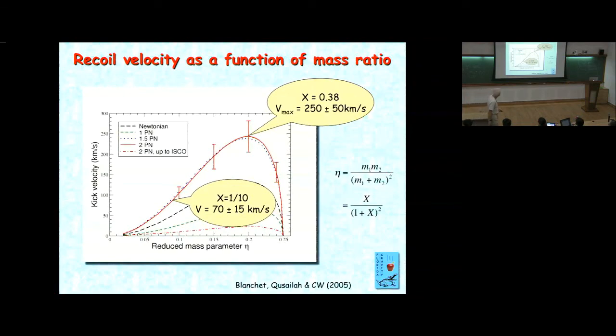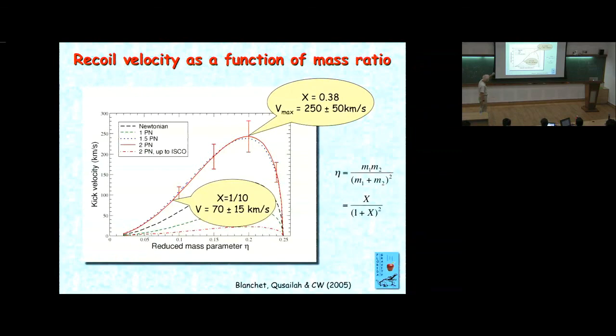Oh, so what we did was find what we thought was a clever way to do the integration effectively beyond the ISCO. It's one of these ways of trying to push the post-Newtonian approximation a little bit beyond where you think it's valid. By integrating not with respect to time or separation, but with respect to a certain redshifted orbital frequency, the higher order terms turned out to be, in that re-expansion, smaller than the lower order terms.